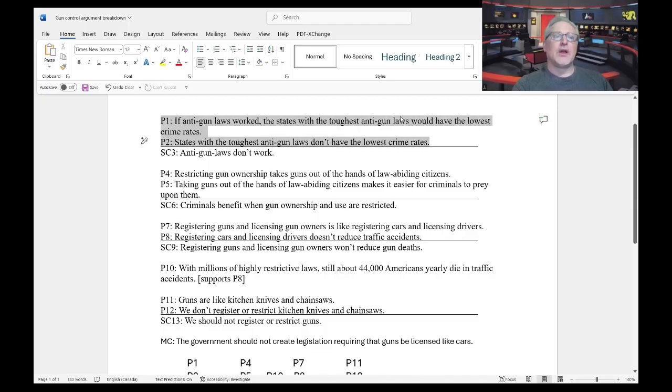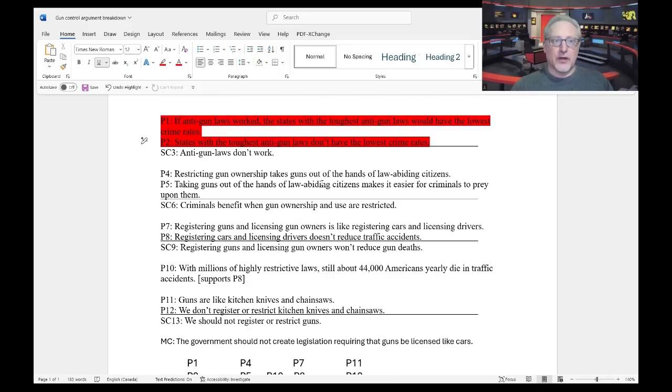So how about if they're unacceptable, I will highlight them in red. There, okay? Well, if both of the premises are unacceptable in a deductive argument, the argument fails. And in fact, if all of the premises are unacceptable in any form of argument, the argument is going to fail. So we're off to a good start. Maybe this won't take very long.